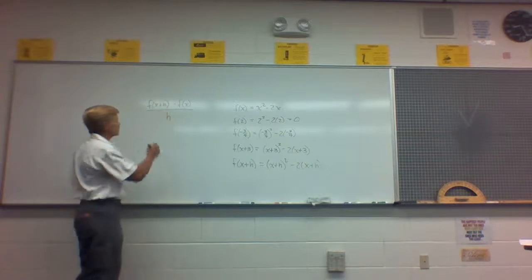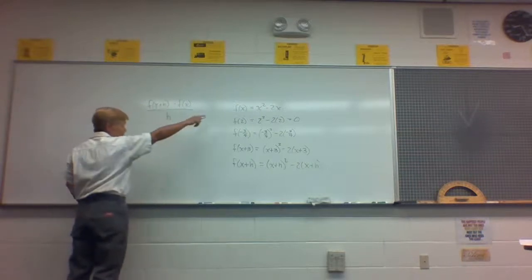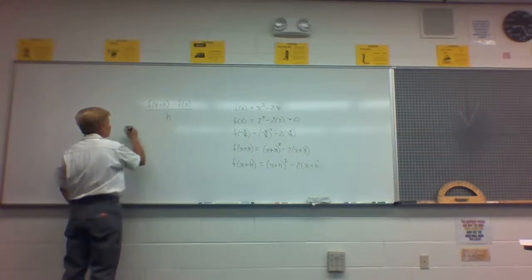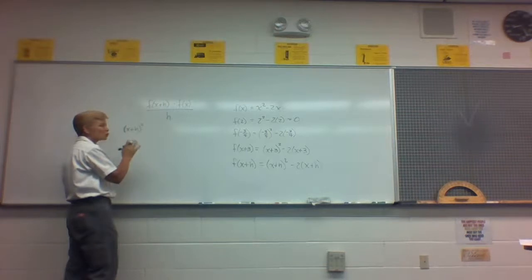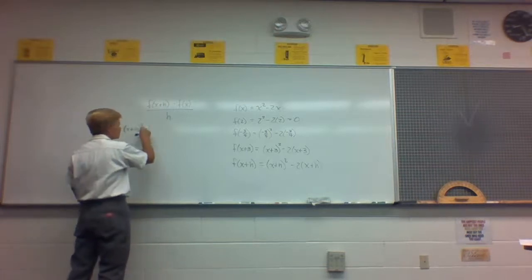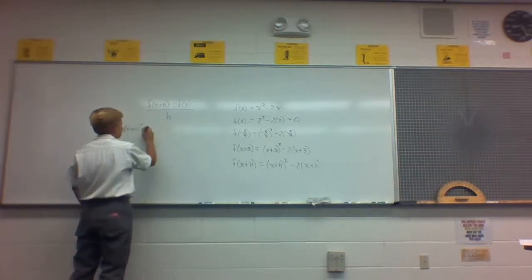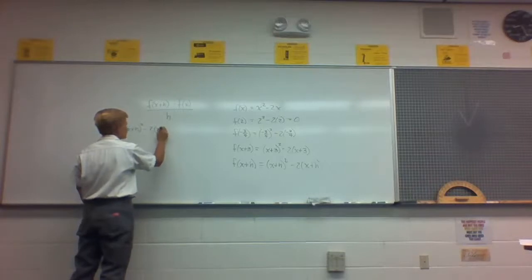So the first step in this is to write down the function we're considering, replacing all of its x's with x plus h. Don't do any algebra. Don't try to do anything until you get really used to this. Don't try to do anything, but just write it down. So that's going to be x plus h squared because that x is squared there. Minus 2 times x plus h.